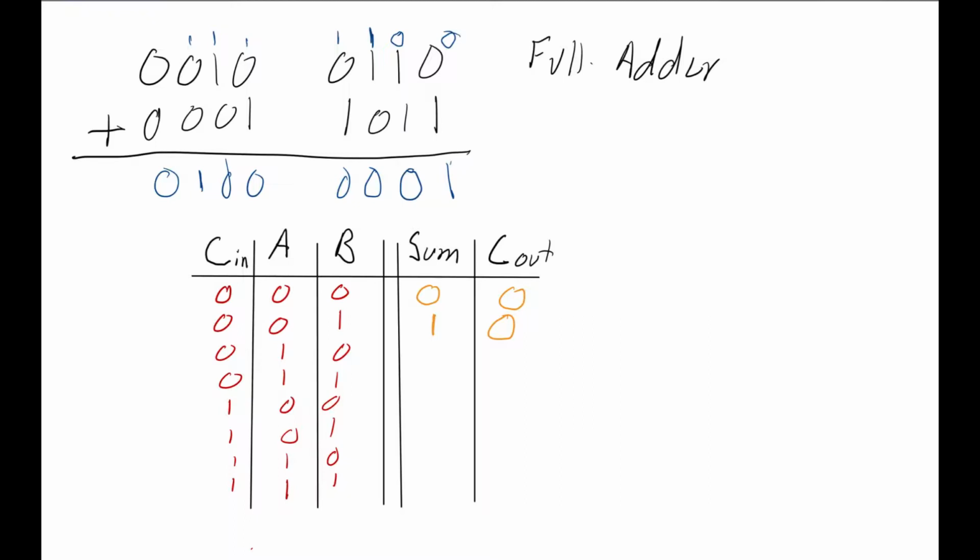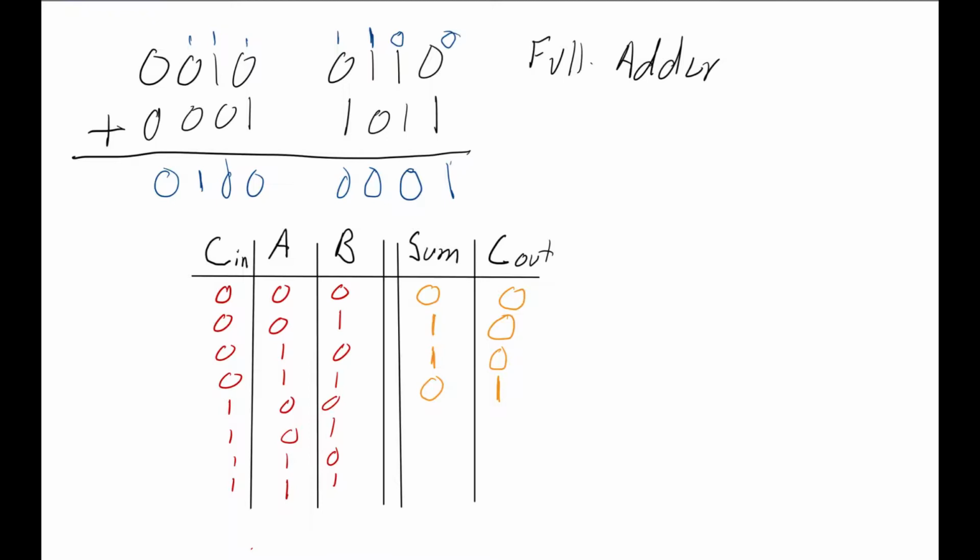And that's going to be the same for this case. Carry is going to be a 0. Now in this case, we're adding no carry and then two ones. That's this case right here, and our answer is 2. So our sum is going to be a 0. Notice the answer right here is a 0 because we have two ones and a 0 as our carry in. And then the carry out, though, is going to be a 1.